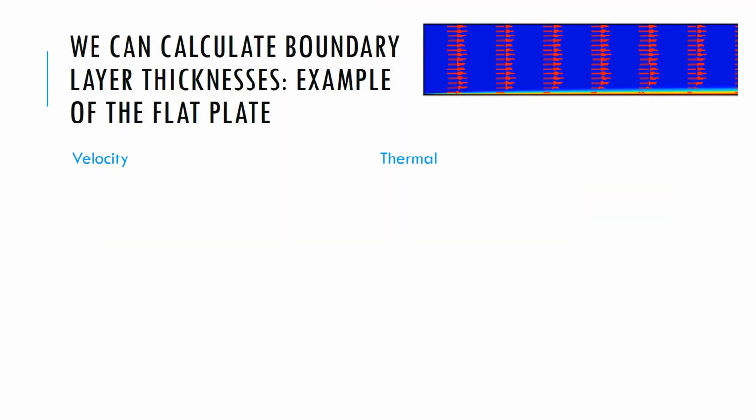Now we can actually calculate these boundary layer thicknesses, at least in some cases. And for this common one, flow over a heated flat plate, this is my heated flat plate, and this is colder fluid flowing over it.